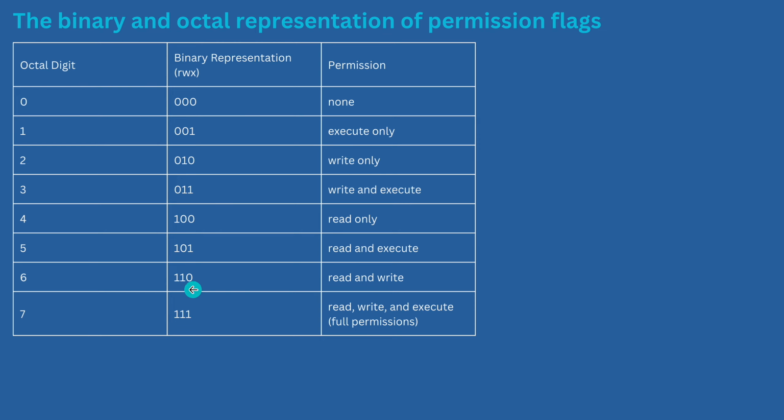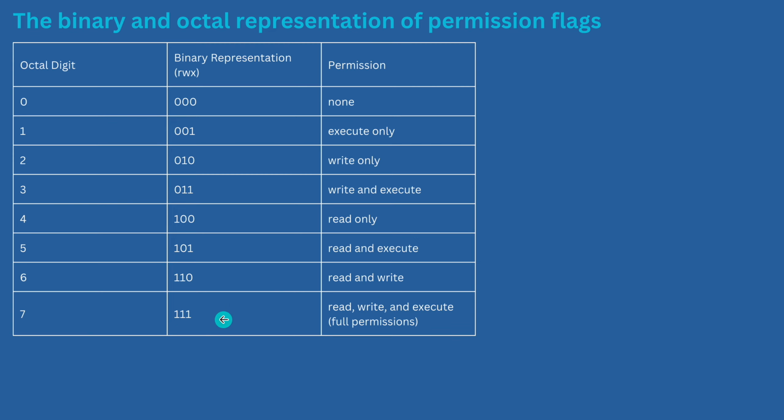Now you place one bigger number: 110. This is read and this is write, so read and write. The octal equivalent is 6.